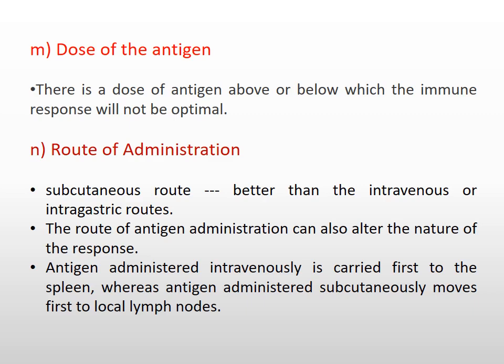The route of administration also alters the nature of the response: antigen administered intravenously is carried first to the spleen, whereas antigen administered subcutaneously first moves to the local lymph nodes. So the nature of response also varies according to the route of administration.